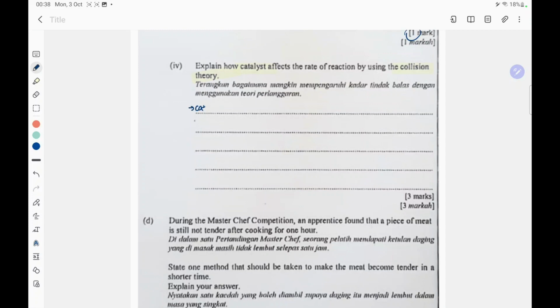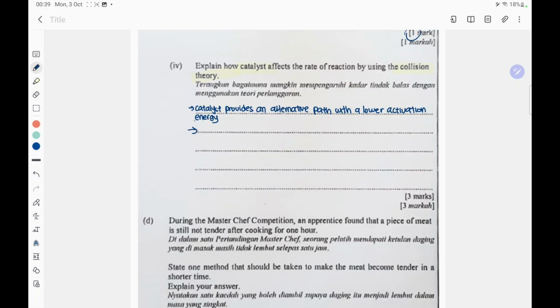The first one, catalyst provides an alternative path with a lower activation energy, which is the EA, the activation energy.